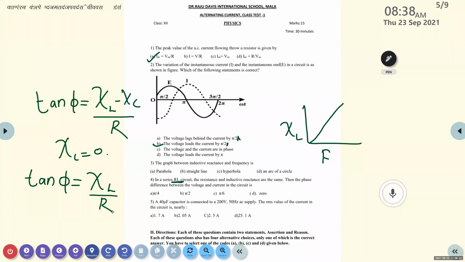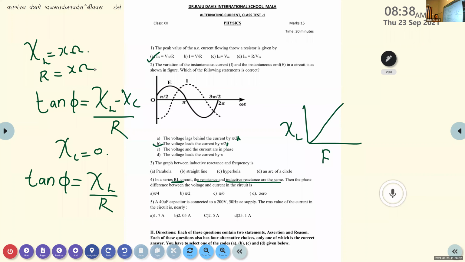And one clue is given in this question. In a series LR circuit, the resistance and inductive reactance are the same. Here the resistance and inductive reactance are the same means, suppose the value of inductive reactance is equal to X ohm. Similarly, the value of resistance of the resistor is equal to X ohm. The resistance offered by the inductor and that of the resistor are the same.